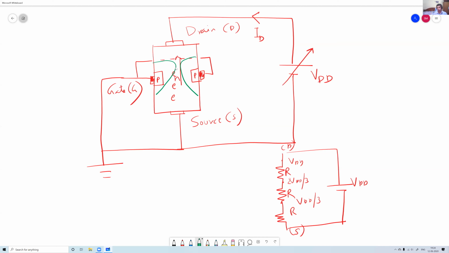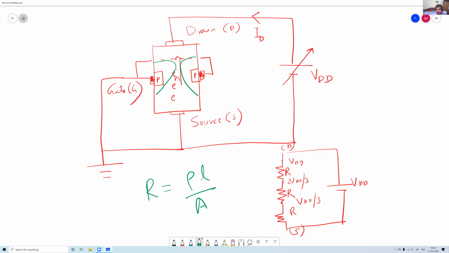So there is no way current can pass. So as the depletion region becomes larger, the resistance also becomes larger, as a very narrow area is there for current conduction. What we know, R equals rho L by A.